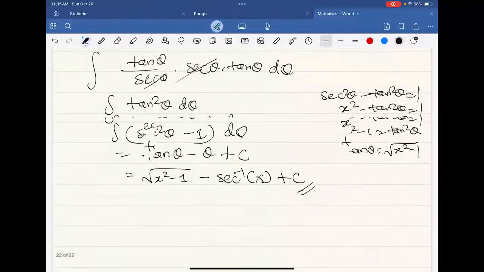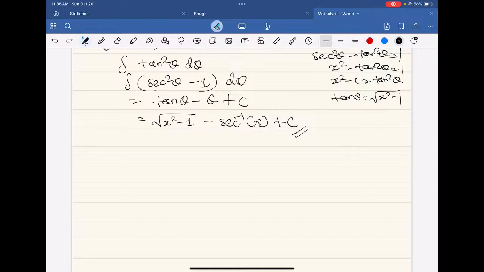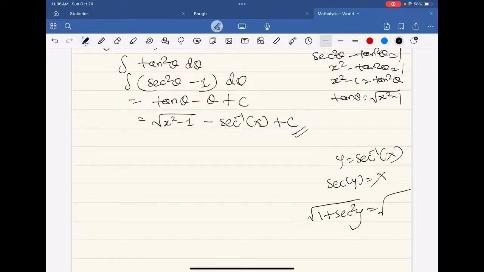Now we know that if, let's say, y is sec inverse x, I can write this as sec of y is equals to x. And now we know that square root of 1 plus sec square y will be square root of 1 plus x square, right? And we also know that, oh, I'm sorry, square root of sec square y minus 1. Sec square y minus 1 will be x square minus 1, right? Now we know that sec square theta minus 1 is just tan square theta.